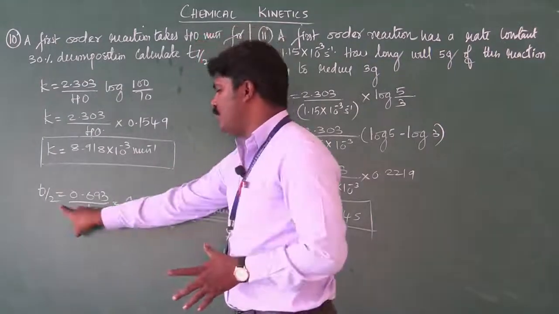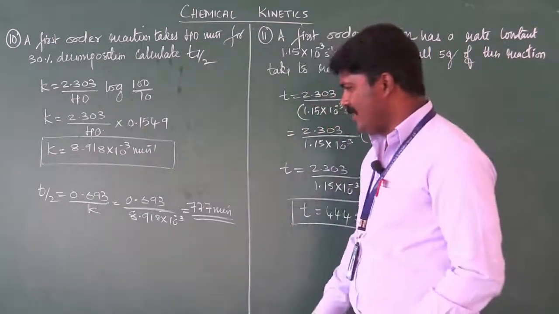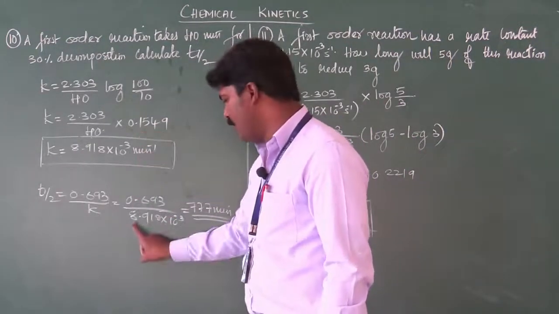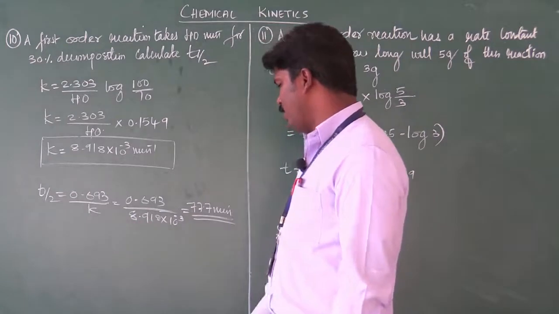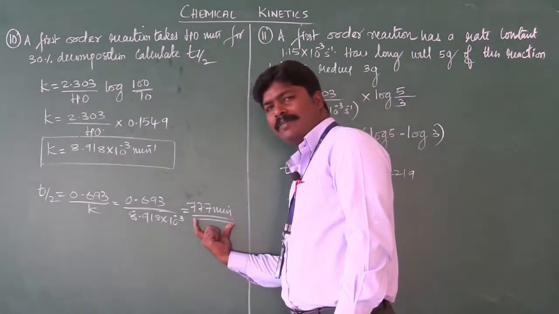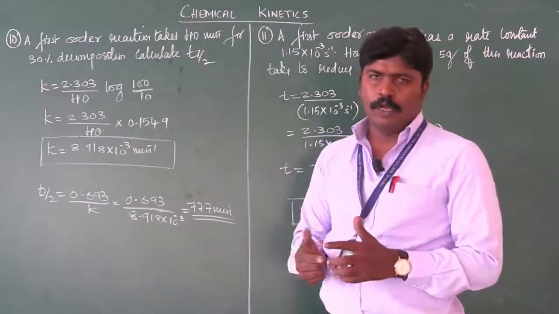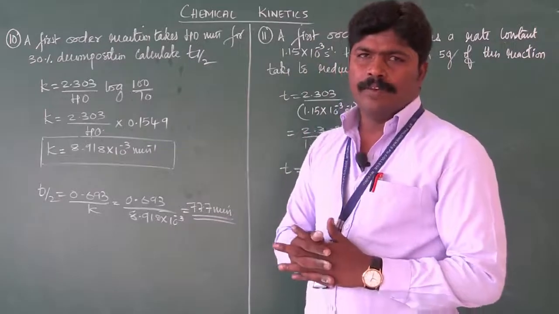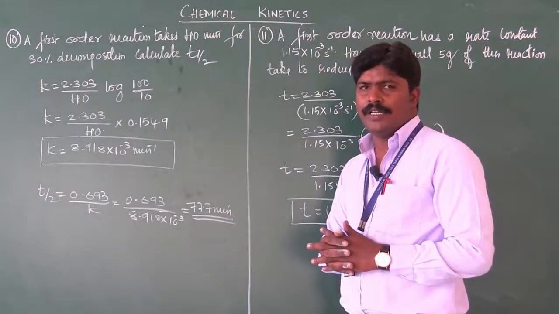Calculate T half. So T half is equal to 0.693 by K, that is 0.693 by the value I got for the rate constant, 8.918 × 10 to the power of minus 3. The time T half is 77.7 minutes. So in another type of problem, not only finding the rate constant, you can further extend the problem where you can also find the half-life, called T half.